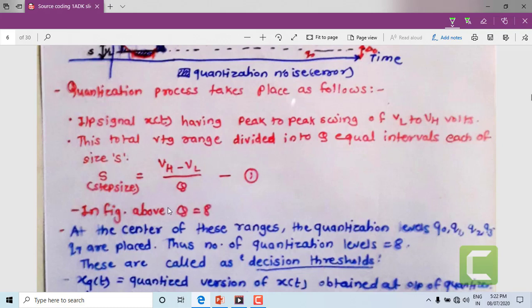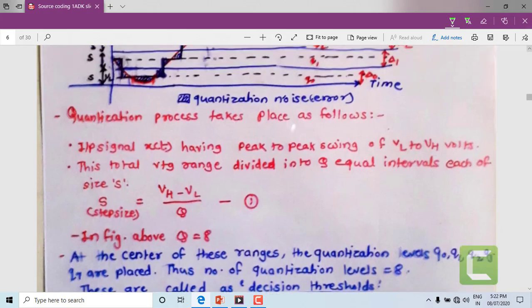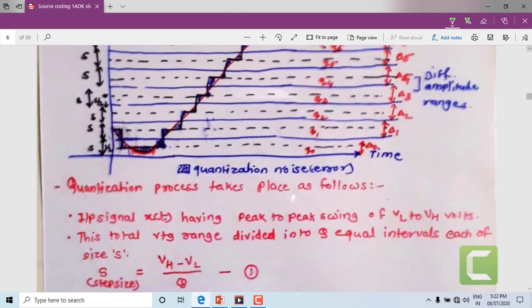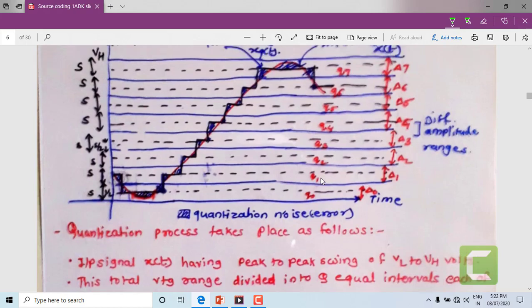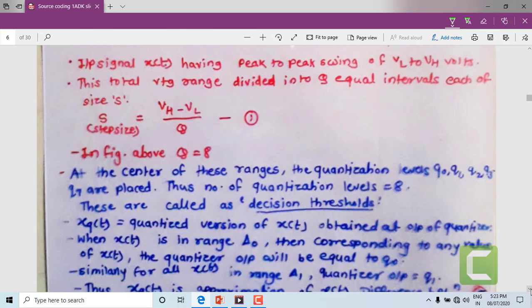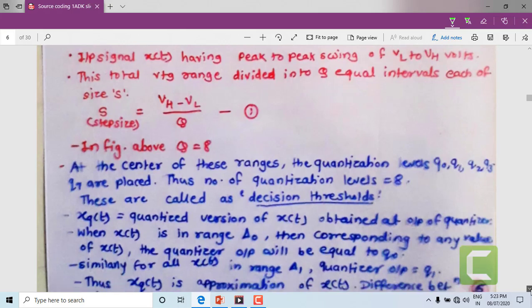For this Q equal to 8, we find the predefined quantization levels, marked from Q0 to Q7. These levels are also called decision thresholds or quantization levels.